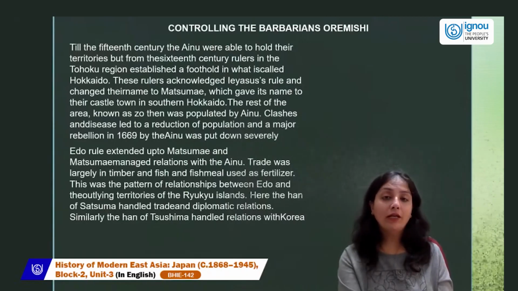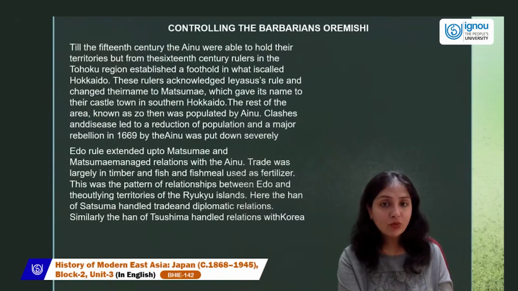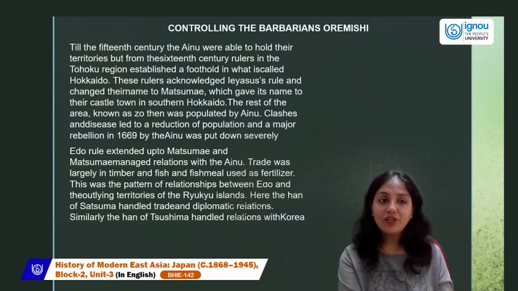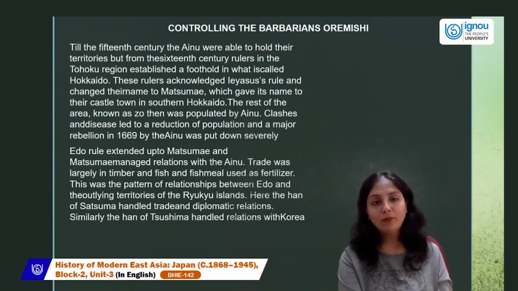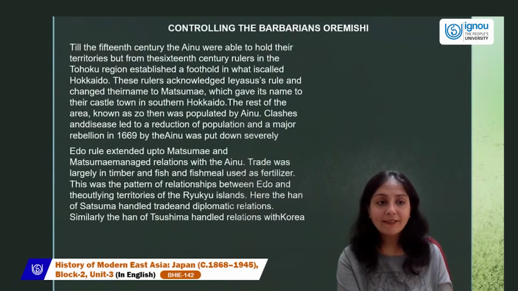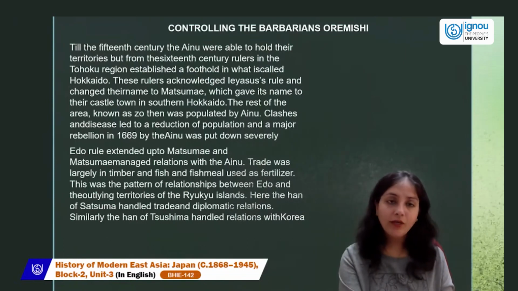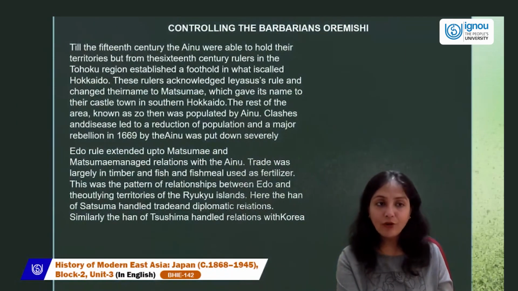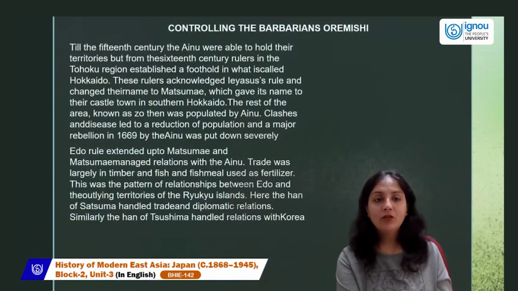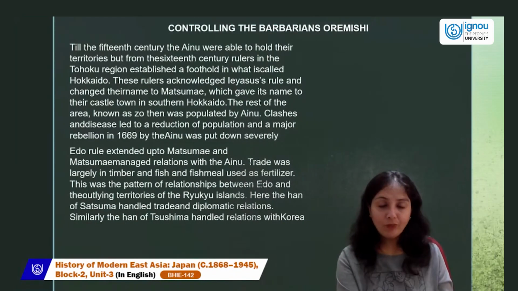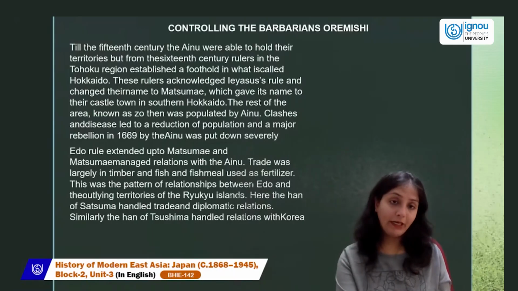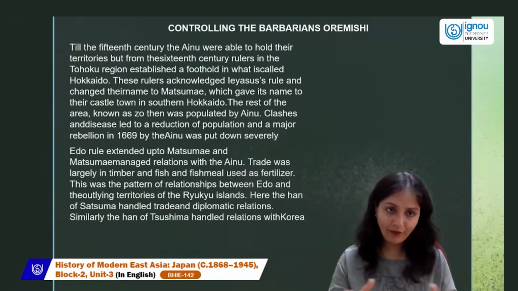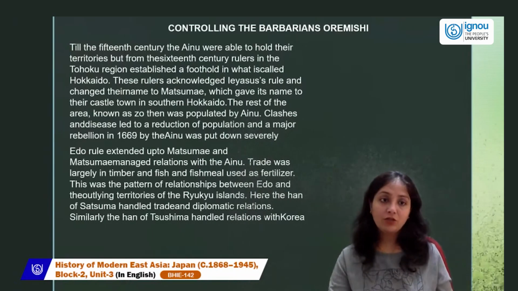These rulers acknowledged Ieyasu's rule and changed their name to Matsumae, which gave its name to their castle town in southern Hokkaido. The rest of the area, known as Ezo, was populated by the Ainu. The Ainu majority was living in that particular area, Ezo.